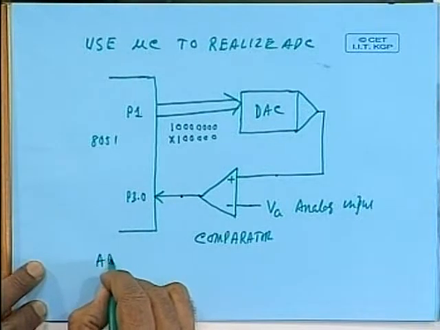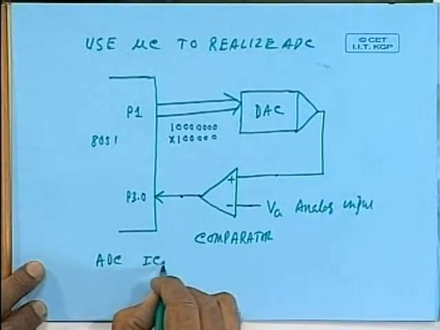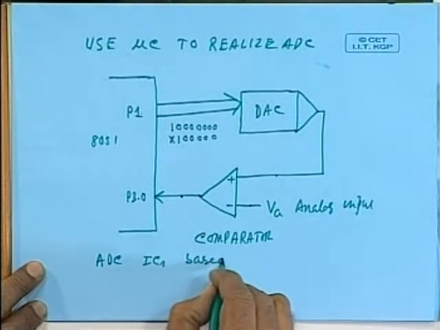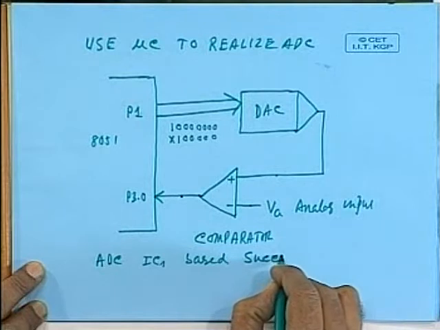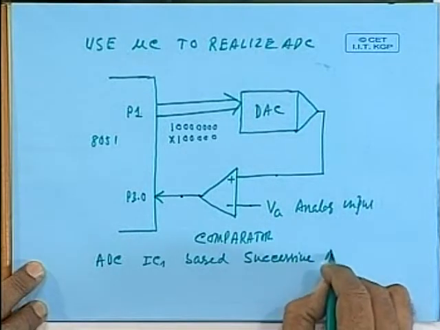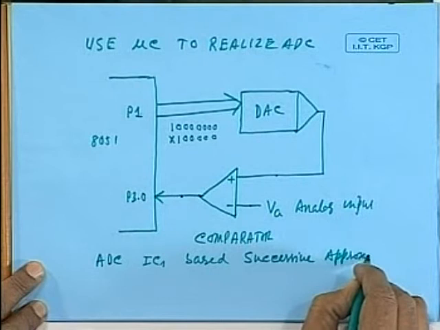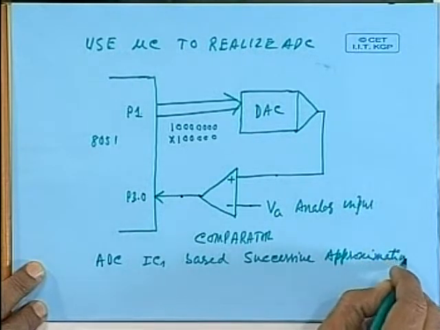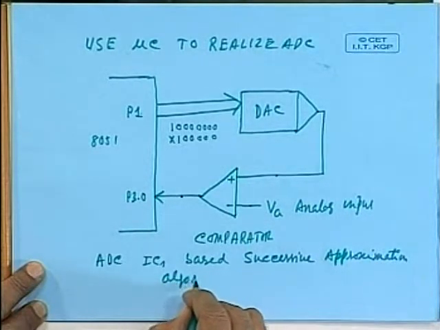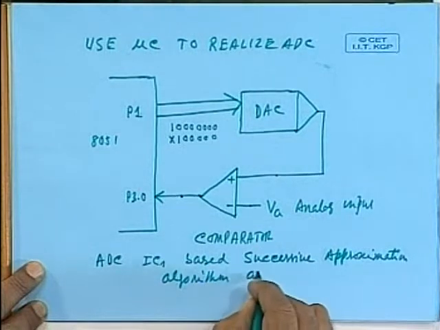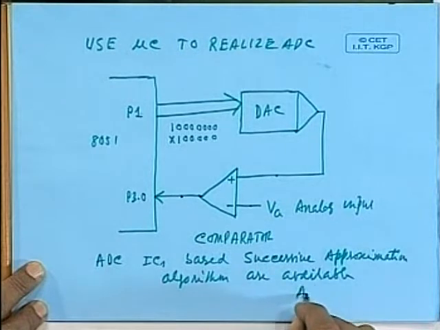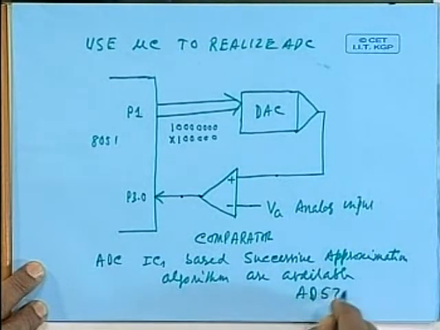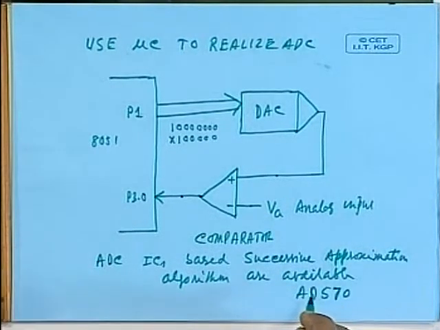AD converter ICs based on successive approximation algorithm are available. For example, AD 570 is an AD converter which is based on the successive approximation algorithm.